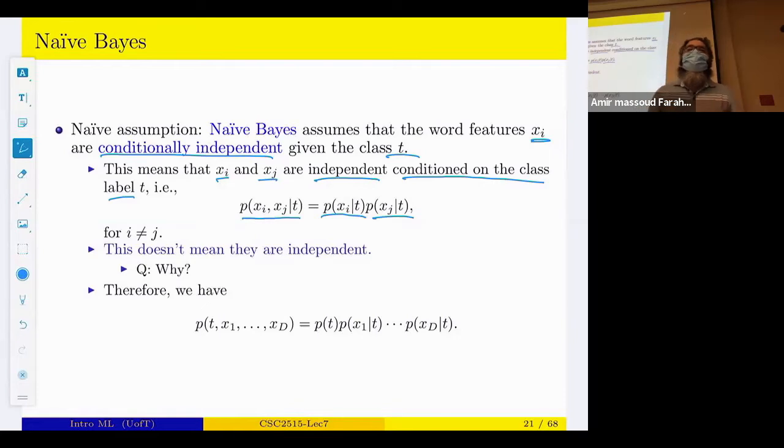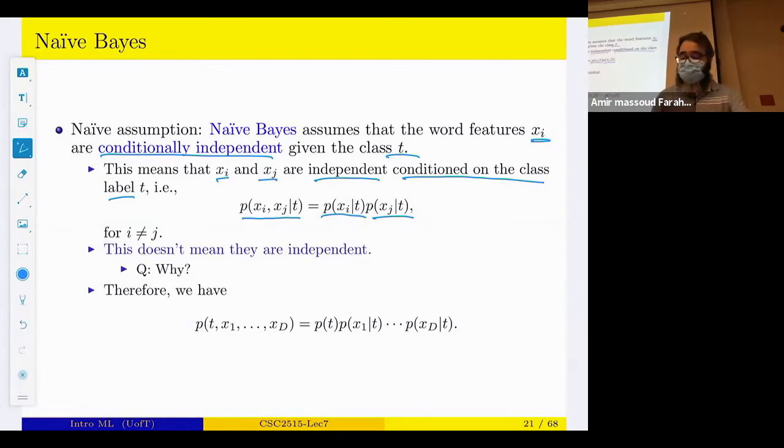The definition of independence for unconditional variables is that p of xi, xj can be written as p of xi times p of xj. This is the same concept, but when we are conditioning on t. So that's the naive Bayes assumption.